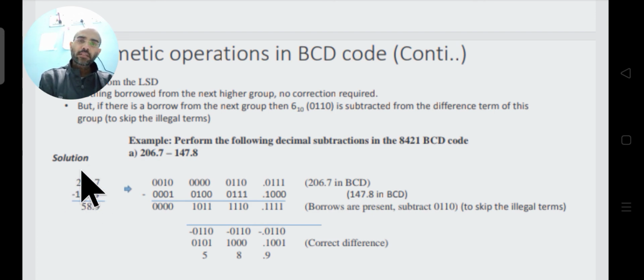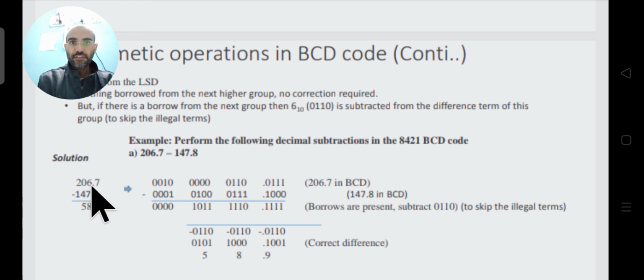So 7 minus 8: 7 is smaller than 8, so we need to borrow from the next higher state. If I borrow, it will become 17. So 10 I am borrowing, that should be very clear.